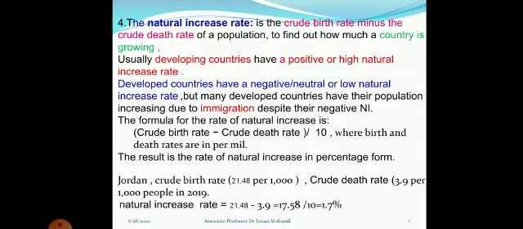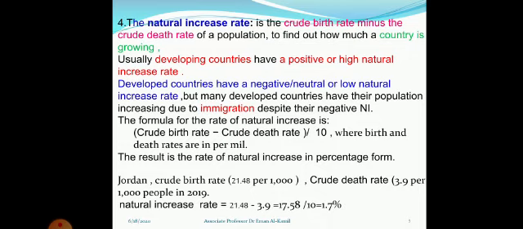Usually, developing countries have a positive or high natural increase because of a high fertility rate or a high crude birth rate, so there will be an increase in the number of population. While in the developed countries there is either a neutral or negative natural increase, or a low natural increase, or no increase in the population.